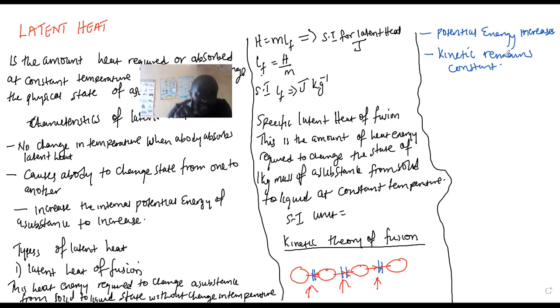The kinetic energy is not gained, because if it was, the molecules would move further apart. But we are just breaking the intermolecular forces of attraction. The position of the molecules is what changes, by increasing the potential energy. The kinetic energy they had before is still the same. So because it has not changed, it occurs at a constant temperature. Thus, because kinetic energy is directly proportional to temperature, the latent heat of fusion takes place at a constant temperature. That is what the kinetic theory of fusion predicts.